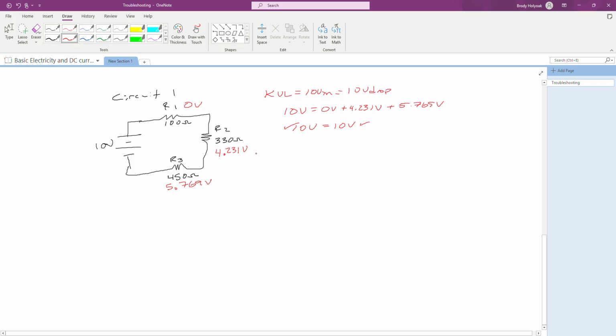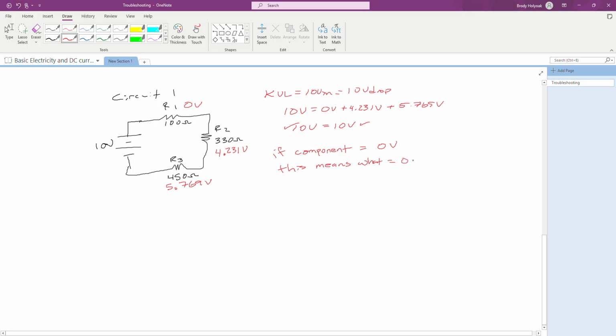So then I start going in there. Okay, if I have 0 volts, what does that tell me? If I have a component that equals 0 volts, that means what? Okay, I have 0 current, oops, not volts.